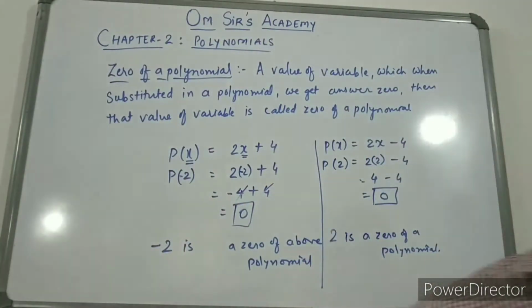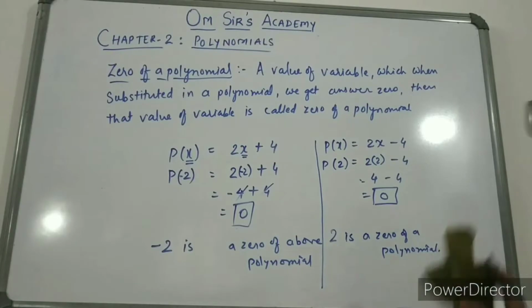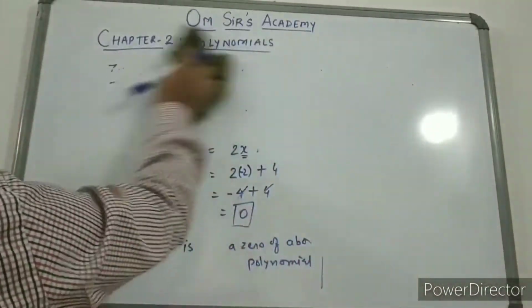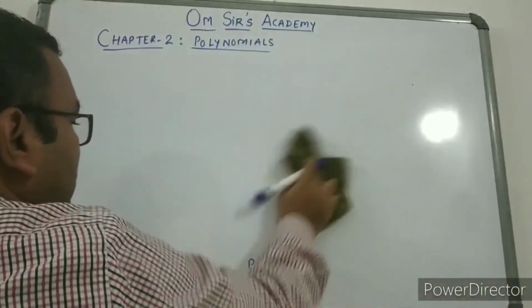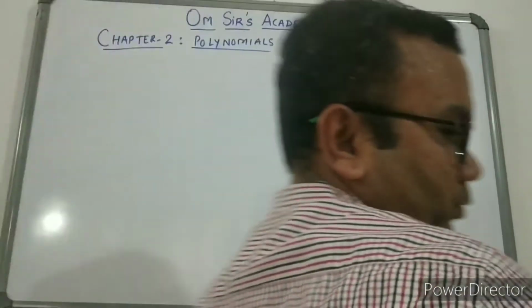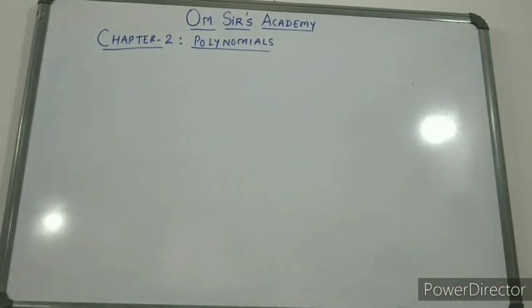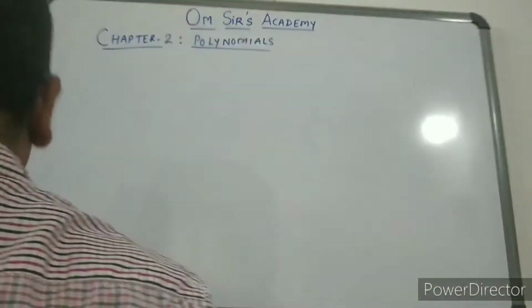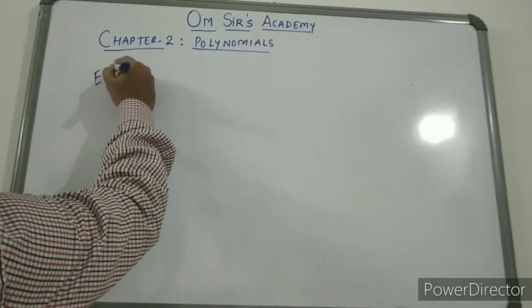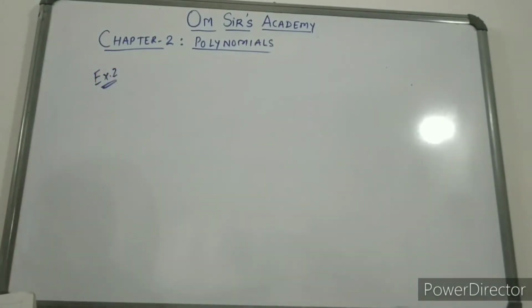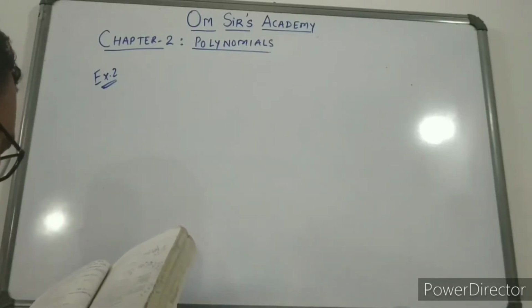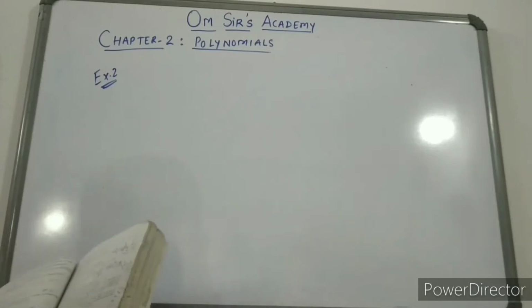Now let us do some illustrations. See the textbook, example 2, page number 30. In this, what is given is: find the value of each of the following polynomials at the indicated value of variables.